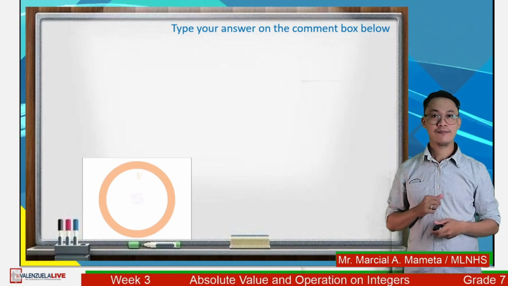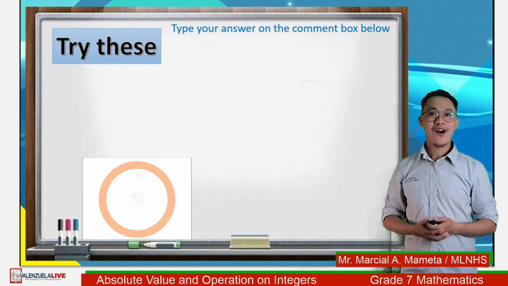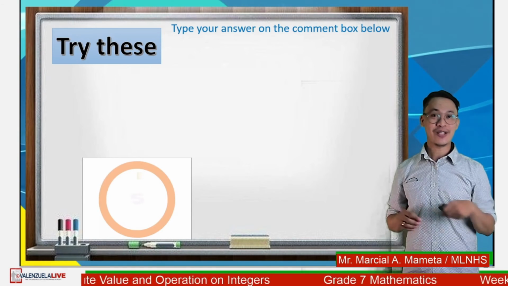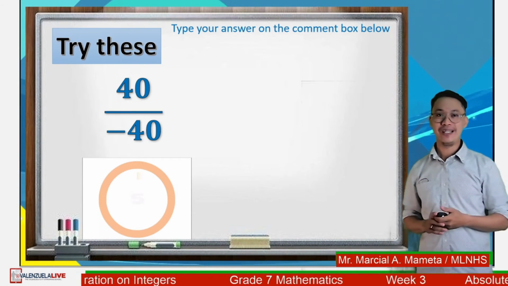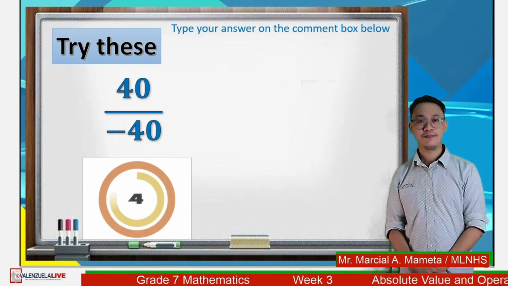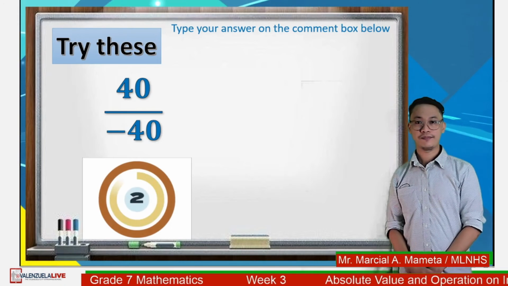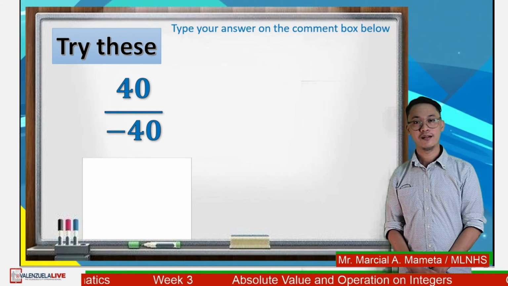Try this. Comment your answer in the comment section below. 40 divided by negative 40. Unlike signs, 5 seconds. Time is up.